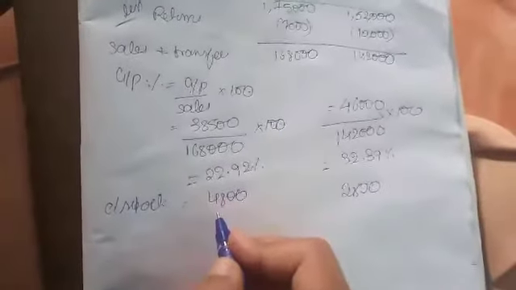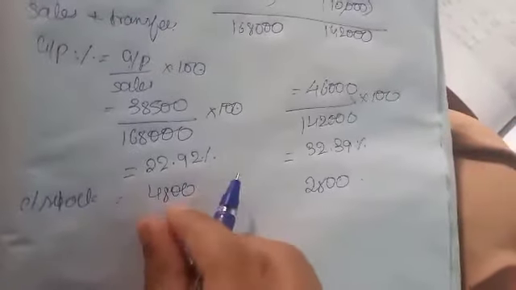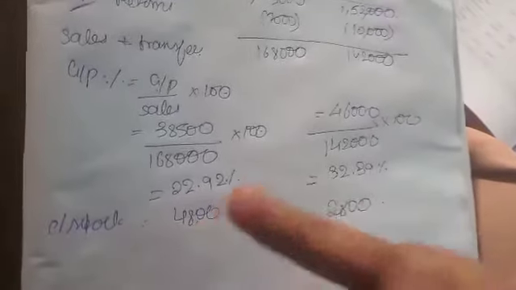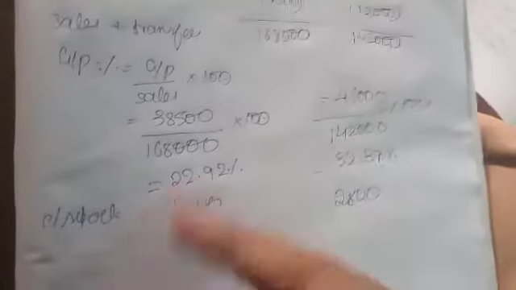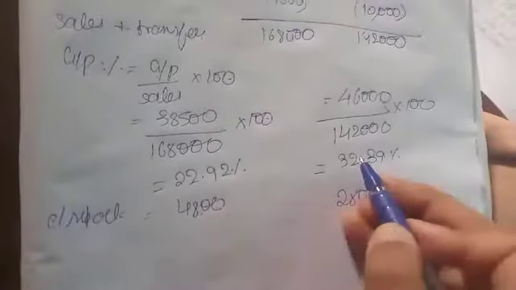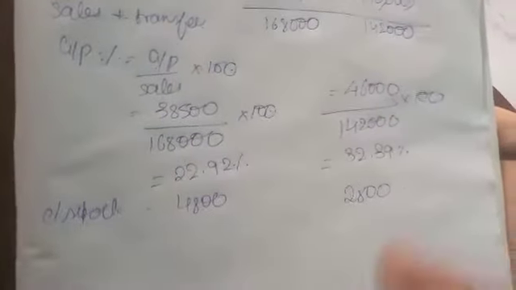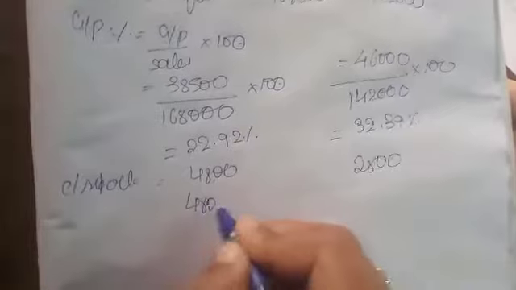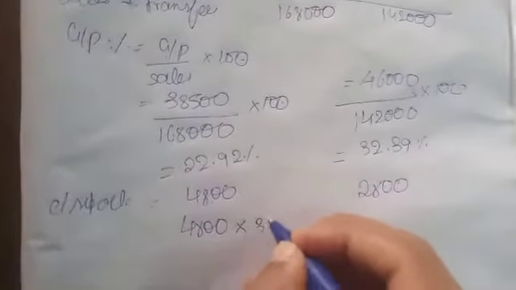Now this percentage of closing stock is representing the other department's stock. So with how much of profit margin have they transferred to us? To know that, 4,800 into other department's gross profit, 32.39.